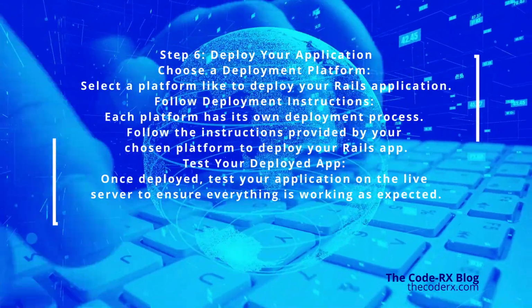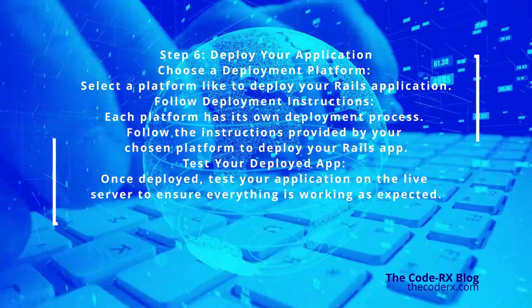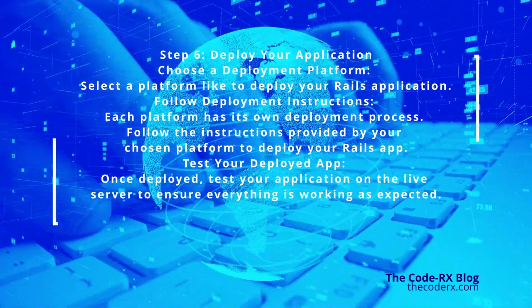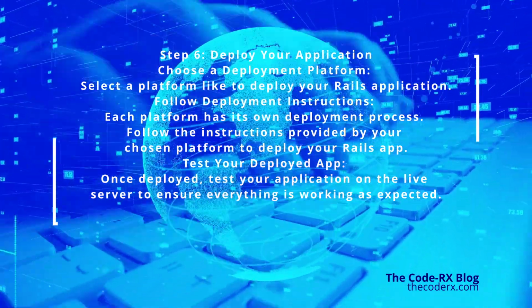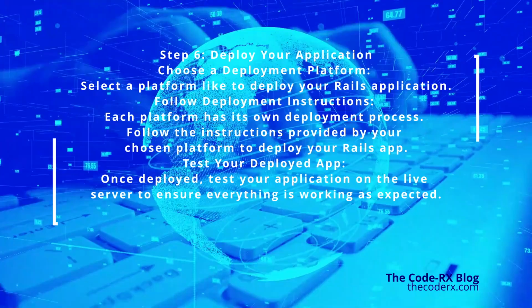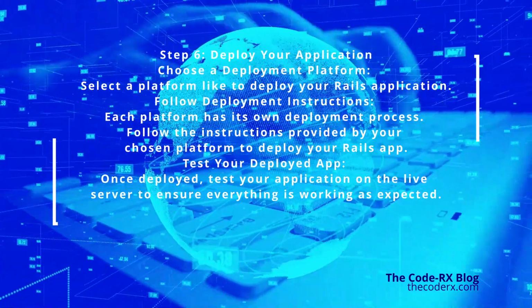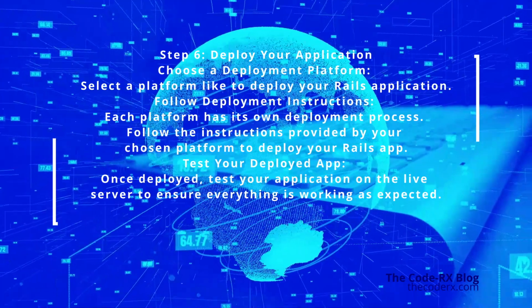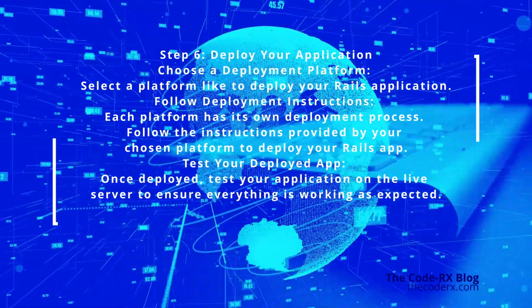Now, step 6, you'll want to deploy your application. So you want to choose a deployment platform to deploy your Rails application. Then you want to follow deployment instructions.